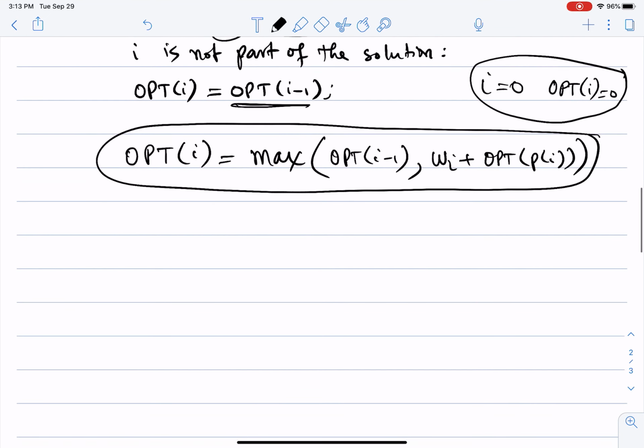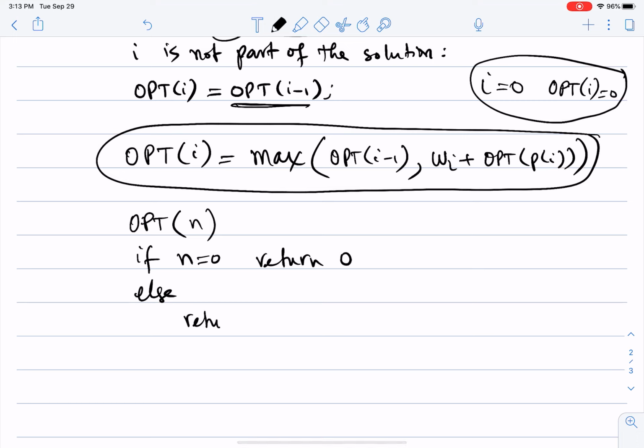So if I turn this into a recursive algorithm, this is opt of n, for example, and I say if n equal 0, then return 0, else we return the maximum of the weight of n plus opt of P of n, or opt of n minus 1.